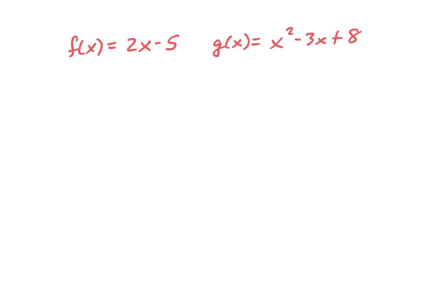But starting off, they're going to give us two functions. And once again, any of the functions that we've talked about all the way back from the very first section, we could see linear functions, we could see quadratic, cubic, square root, absolute value.